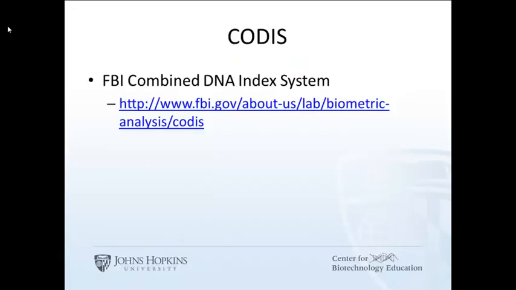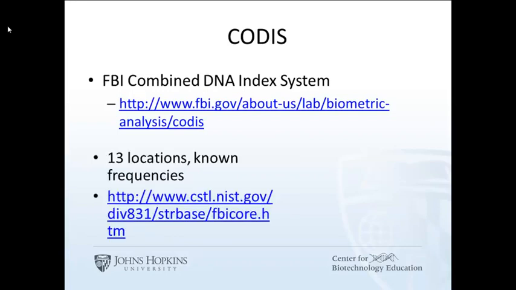What regions are examined? In the United States, the FBI uses CODIS, or the Combined DNA Index System, which is pretty standard throughout North America. Other countries have different standards. The United Kingdom uses 11 locations. The CODIS system examines 13 locations. There are known frequencies throughout the US population broken down by race.